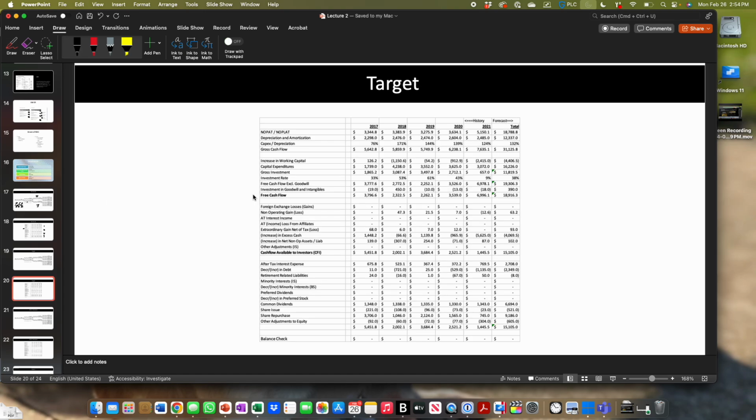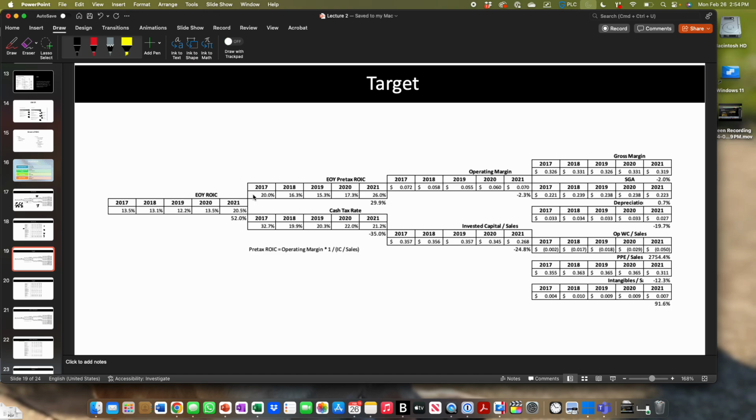Forgot to mention this on Target. Notice the intangibles in the ROIC tree for Target went from 0.004 to 0.007, but that was a 91.6% change. So be careful about percentage changes. A big percent change in a trivial number is not how to analyze this tree. They're there more for a guide.